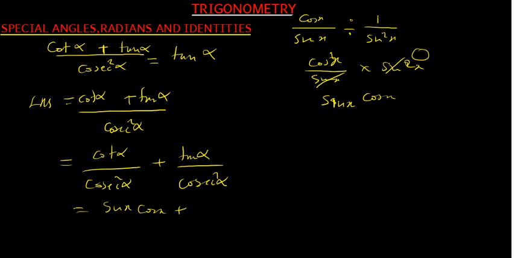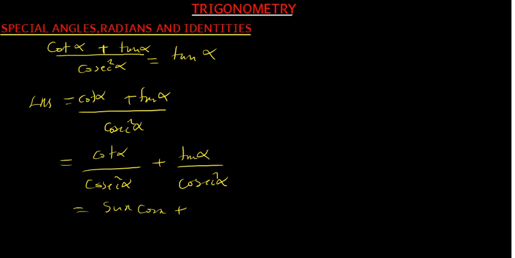Now here we have tan x divided by cosec squared x. We can say tan is the same as sin x over cos x, divided by cosec squared, which is the same as 1 over sin squared x.